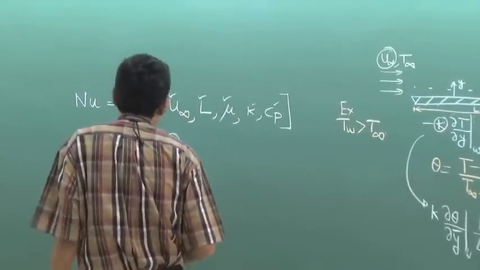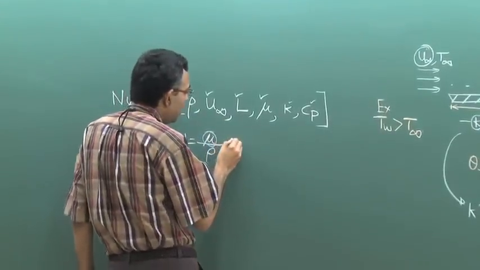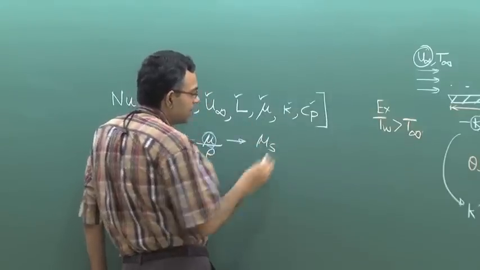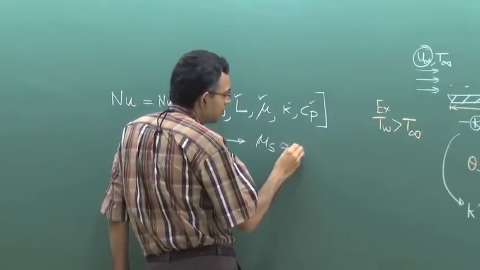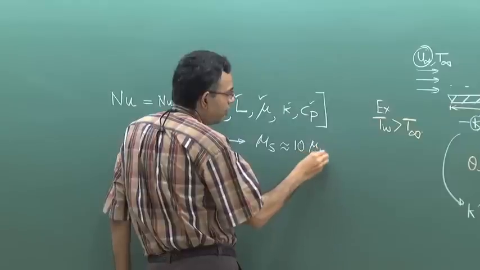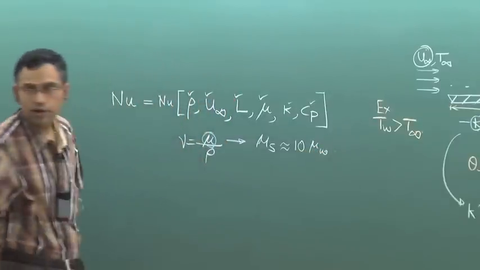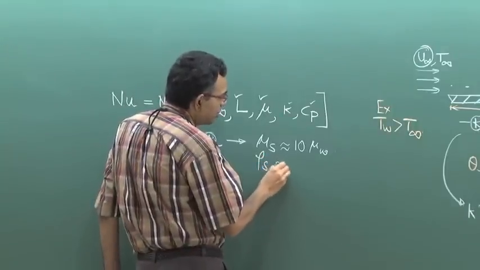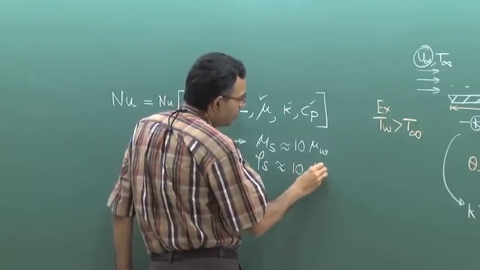One of the basic reasons is that typically mu of steel is roughly 10 times mu of water, roughly one order more, and rho of steel is also roughly one order more than that of water.